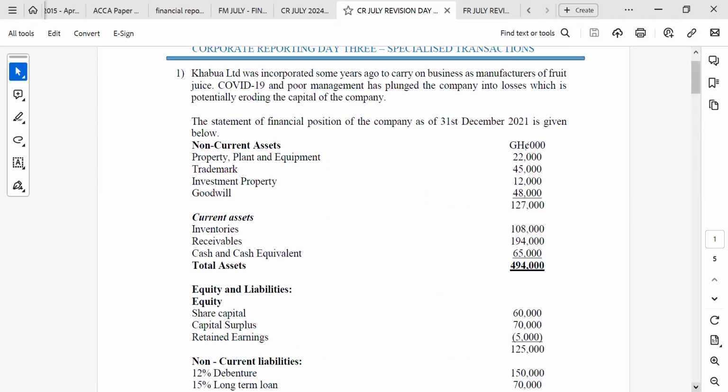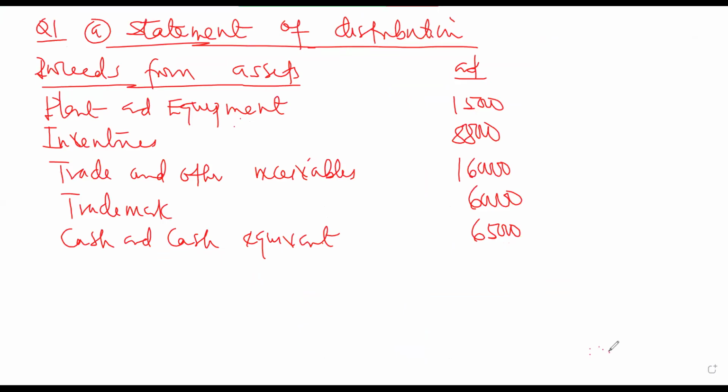So that will be 15,000, not 15 million. Okay. So we have the investment over there to be 15,000. Let me just write the investment property. So 15,000. I'm sure we have all the value of the asset.